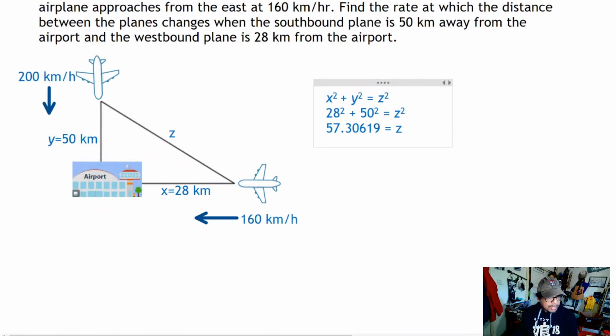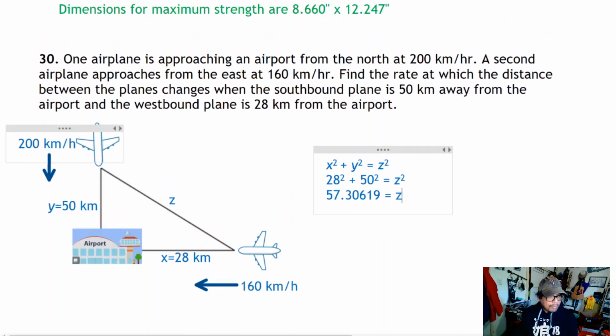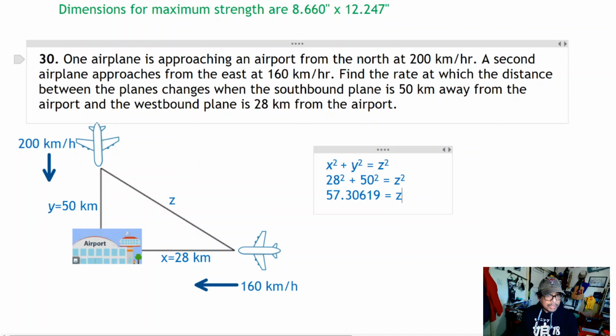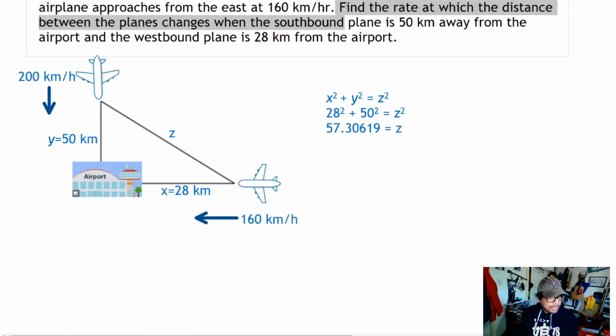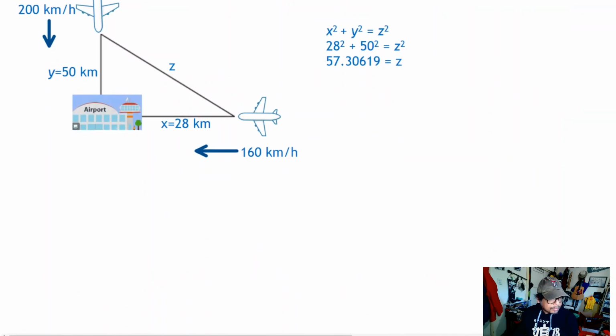Okay, the next thing to do here is to figure out how we can find the rate at which z is changing, because that's the distance between the two planes. The equation that ties x, y, and z together is that Pythagorean theorem.